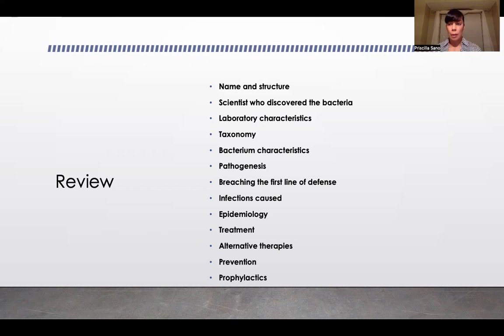And that comes with a combination of treatments with antibiotics, chlorhexidine gluconate, and povidone iodine.